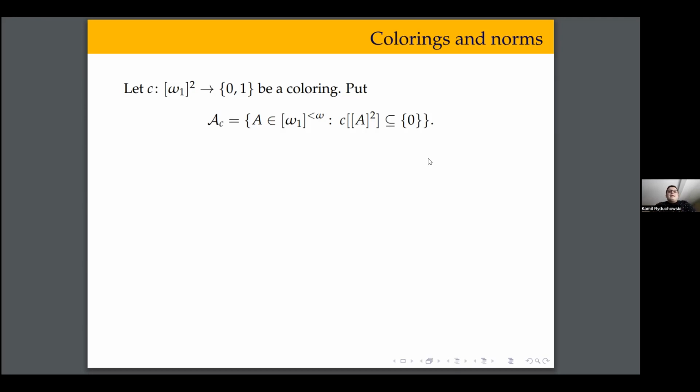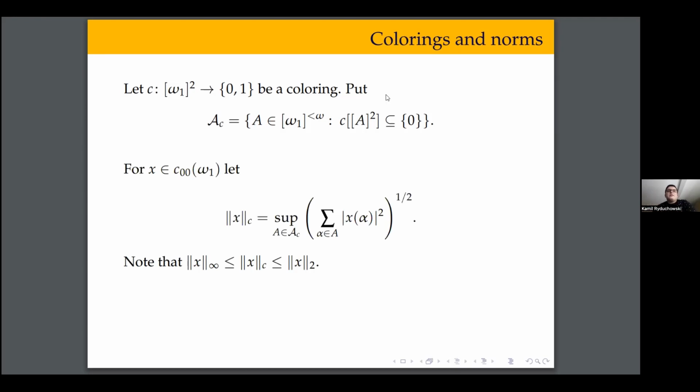And we use it to construct a norm. Well, the construction is based on constructions of Shelah and Steprans and Wark, who considered this or very similar constructions in the context of Banach spaces admitting few operators. Namely, for x in C00 of omega 1, the norm with index C is defined as follows.